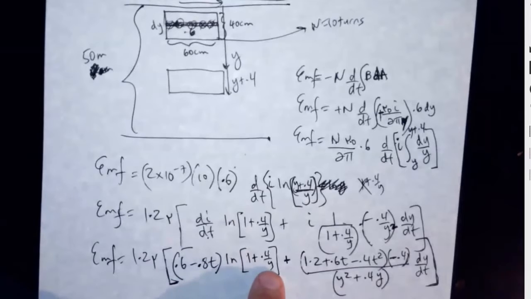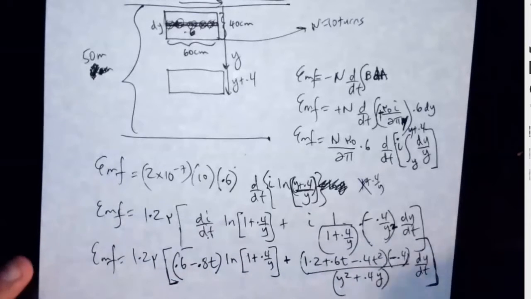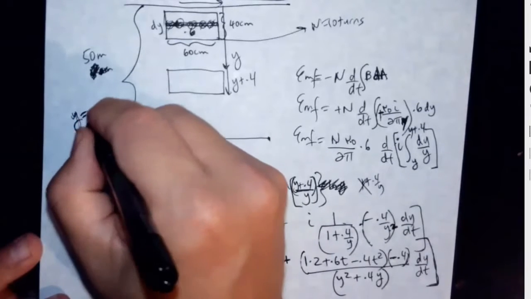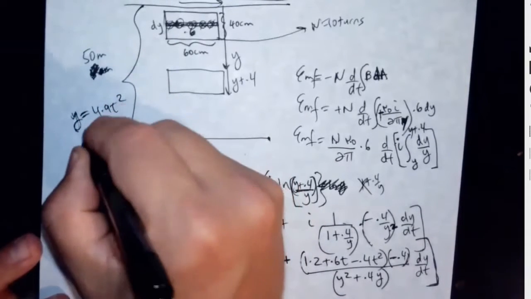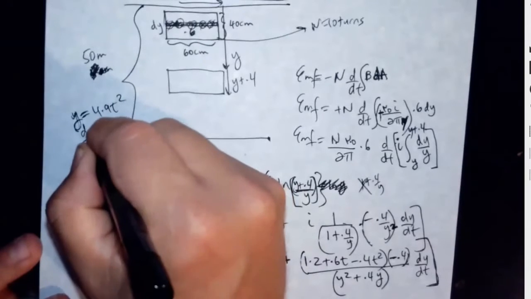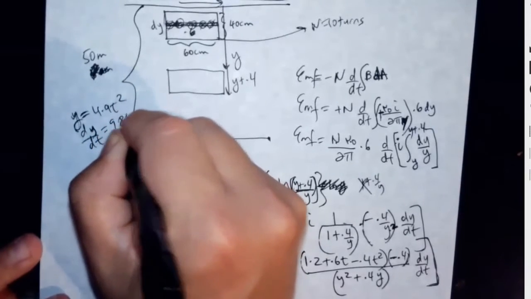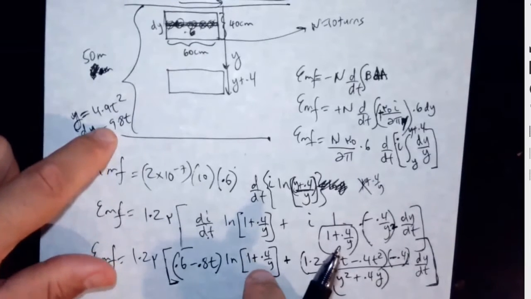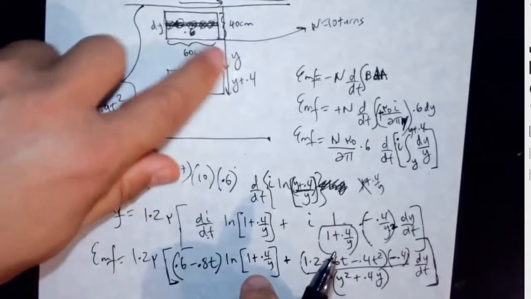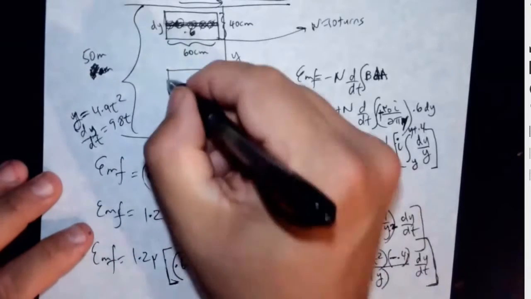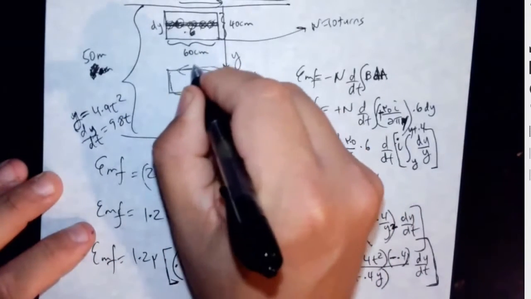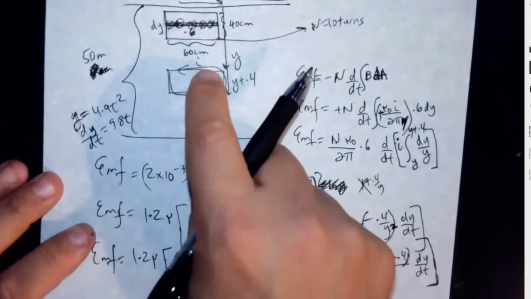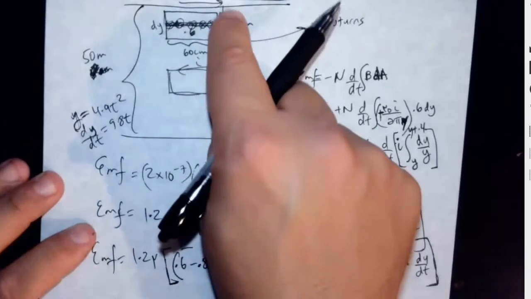Of course we can use the expression y is equal to, what was it, 4.9t squared, so dy dt is equal to 9.8t. Now in reality these aren't completely true, because the current induced in this is going to be in a certain direction, and there's going to be a force on this, kind of opposing gravity, due to the magnetic field of the wire.